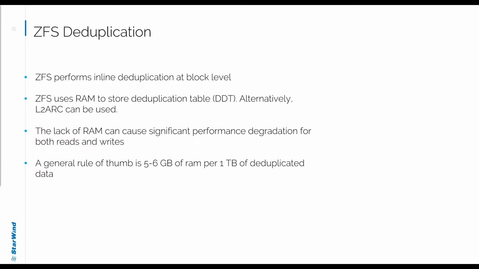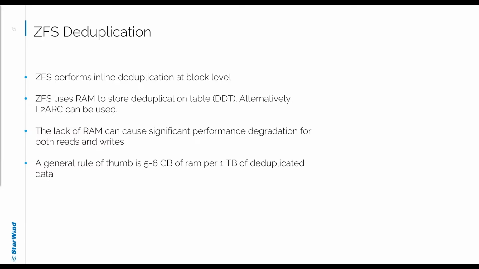What makes it possible to detect duplicate blocks of data as they are written is checksums. So with deduplication, the reference count of existing identical blocks is increased, saving storage space. To detect duplicate blocks, a deduplication table, or simply DDT, is created and kept in memory.